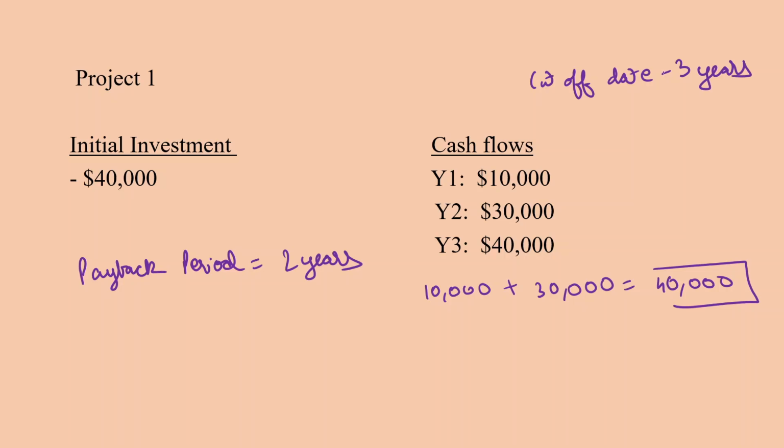So if the project pays back the initial investment in 3 years or less, you accept the project. If it takes more than 3 years, then you reject the project. In this case, you can see that the payback period is 2 years, which is less than 3 years, obviously. So you're gonna go ahead and accept this project. So this is how the payback period method works.